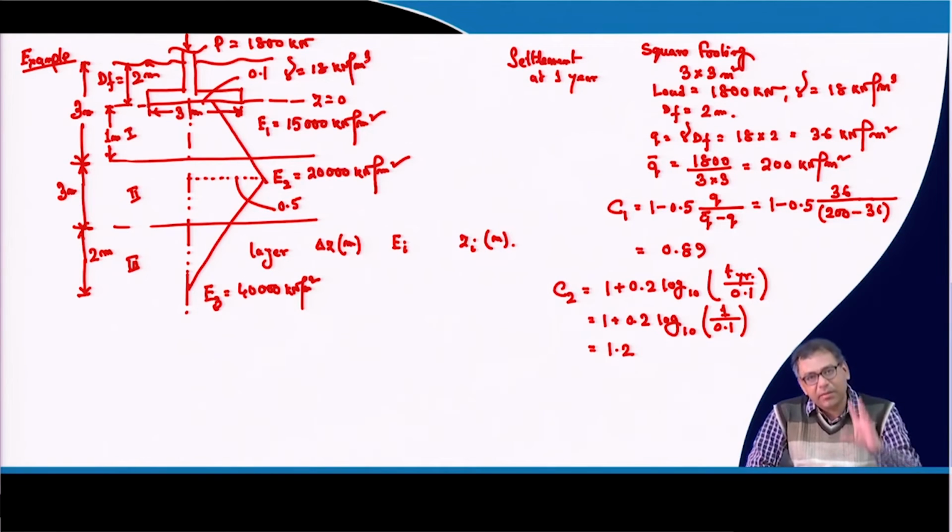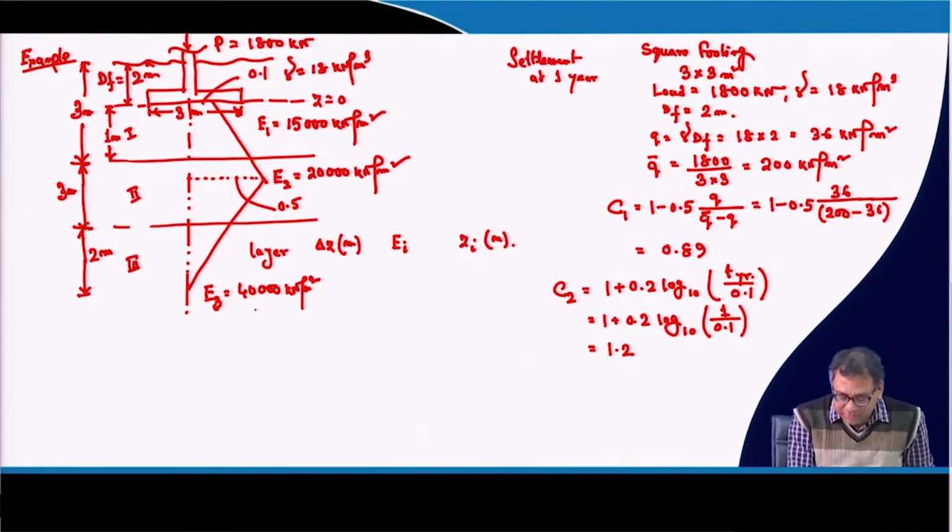Then the thickness of every layer is given, and the property required for each layer is the elastic modulus. The elastic modulus of all the layers is given, that is 15,000 kilonewton per meter square for the first layer, then 20 MPa for the second layer and 40 MPa for the third layer.